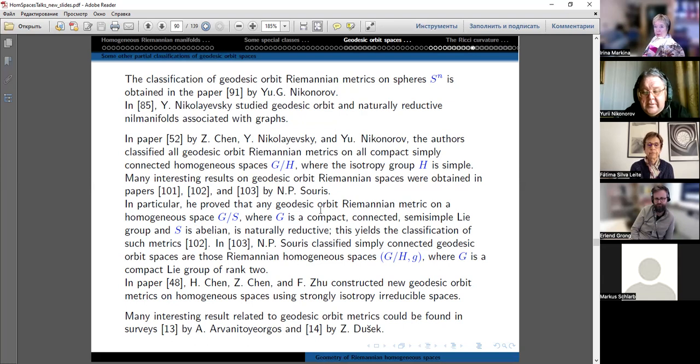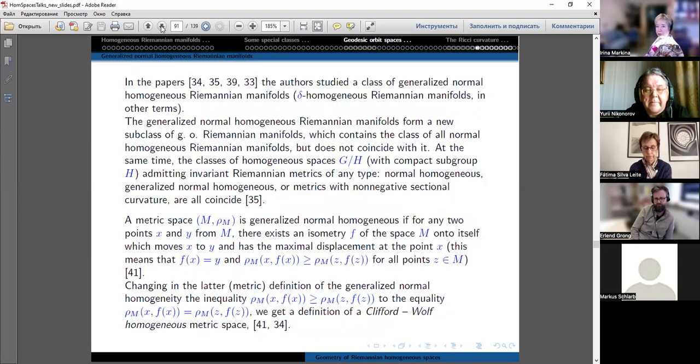And there are some results by Souris, Chen and Zhu, and Arvanitoyeorgos. Dushik has some survey about another result. You can find it in the references if it's interesting.